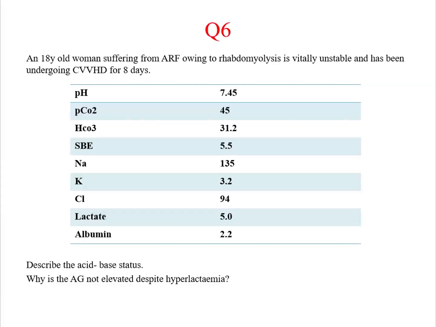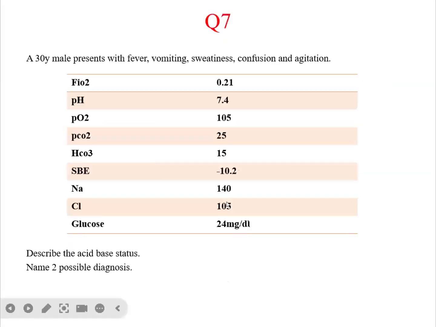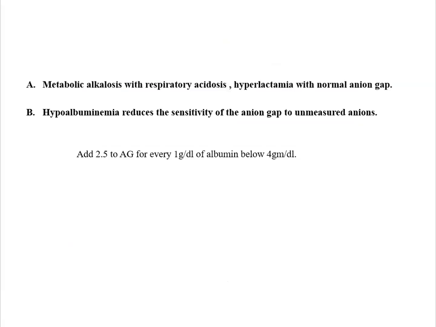Very good. It is because of the low albumin. So you need to correct for the low albumin. That is very, very important. So how do you correct for low albumin? You need to add 2.5 to your anion gap for every 1 gram per dL of albumin below 4 gram.